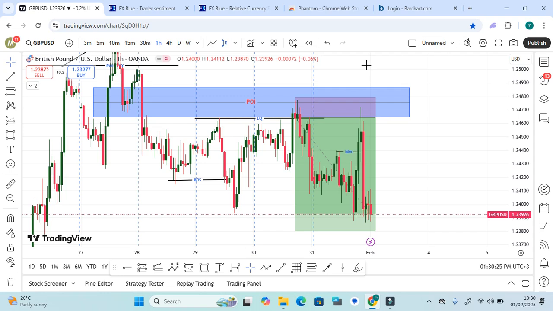So every time we are looking for entry, we must see liquidity being taken. And that liquidity being taken is what we call inducement. We have to see inducement happening. Market has to induce these early buyers and early sellers. And this is where inducement is. Why?